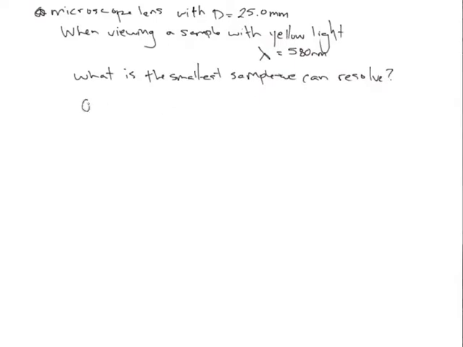So we just take our Rayleigh criterion here, minimum angle, 1.22, wavelength of 580 nanometers, and a diameter of 25 millimeters. Sorry, I wrote that in meters.